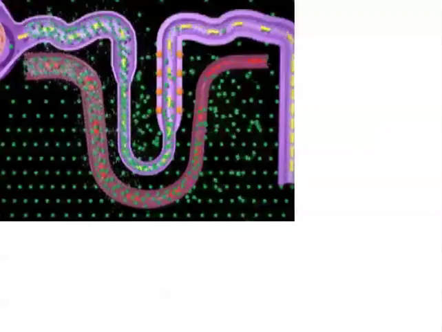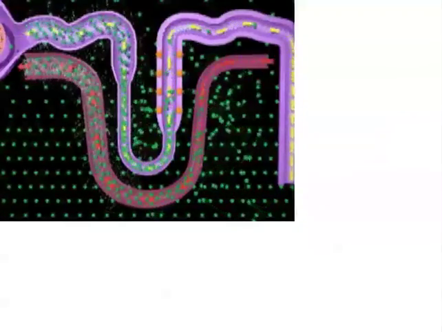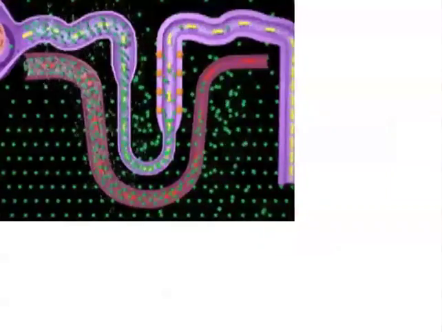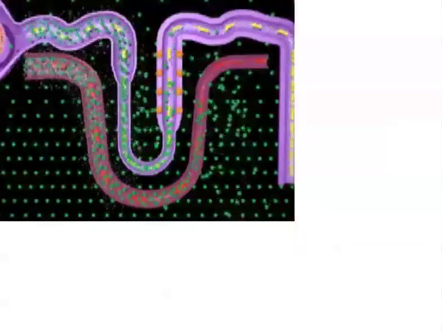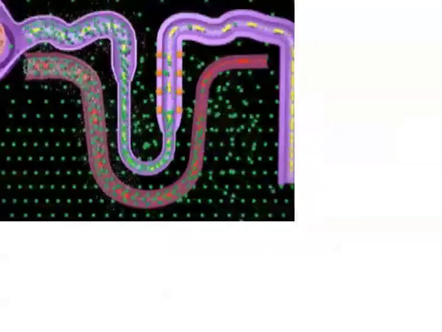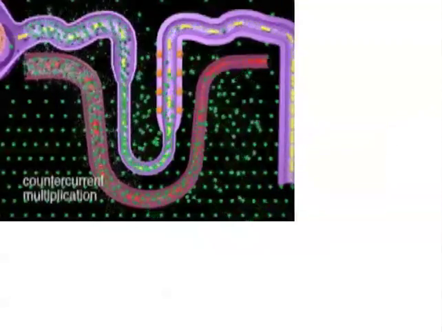The rise in the salt concentration of the tubular fluid reaching the ascending limb further stimulates sodium and chloride transport within the ascending limb. This phenomenon is called countercurrent multiplication.